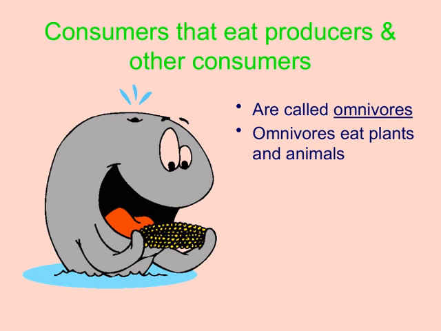Recognizing omnivores helps us understand the diversity of feeding habits in nature and how different organisms contribute to the balance of their environments. This concept ties back to our overall theme of how energy moves through the food web, connecting producers, consumers, and decomposers.